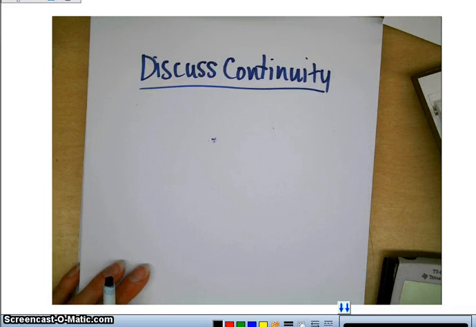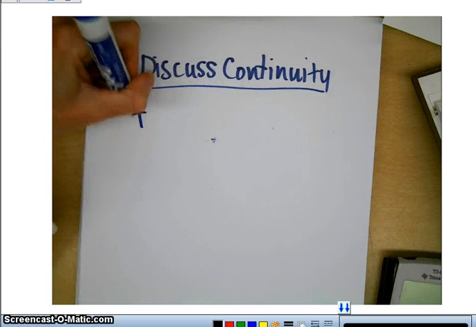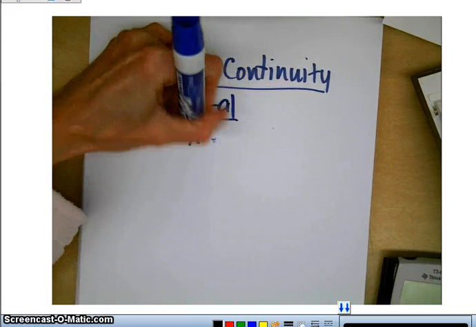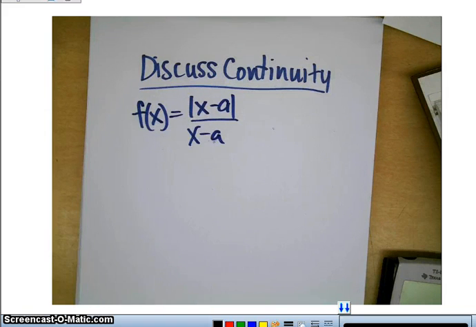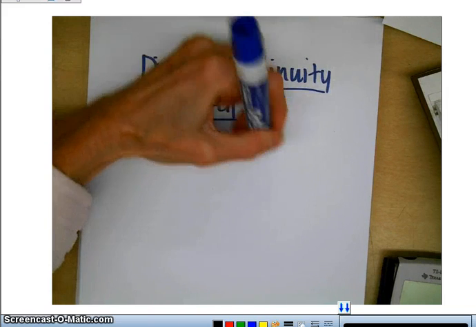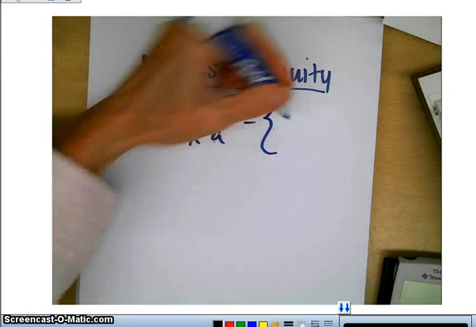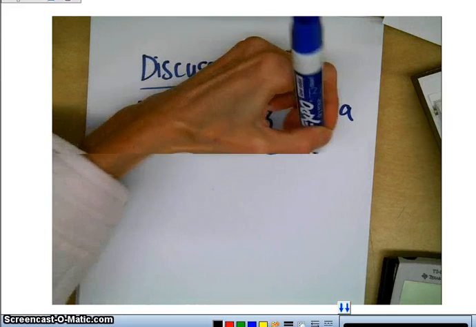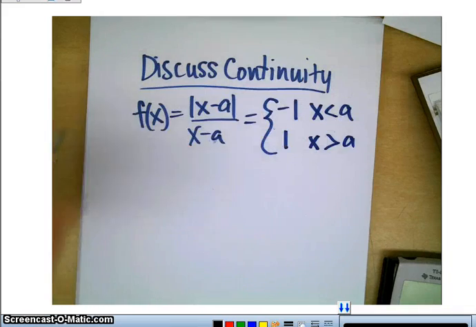There were a lot of different functions that I went over in 1.4. For example, I went over functions of this form in the notes. This was always equal to a piecewise function: -1 if x is less than a, and +1 if x is greater than a. This was in the notes.